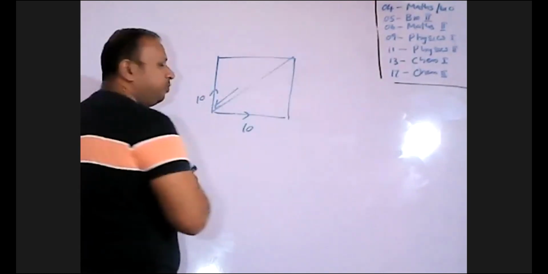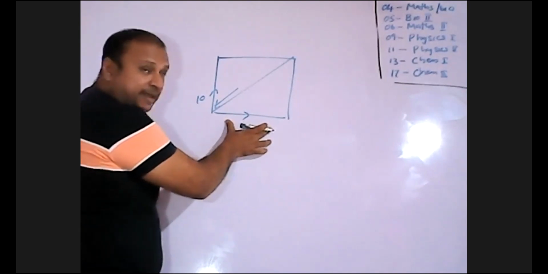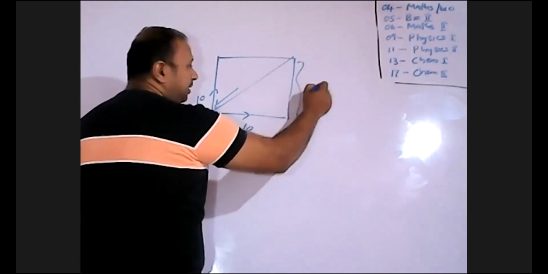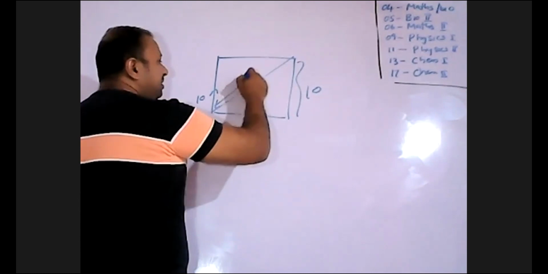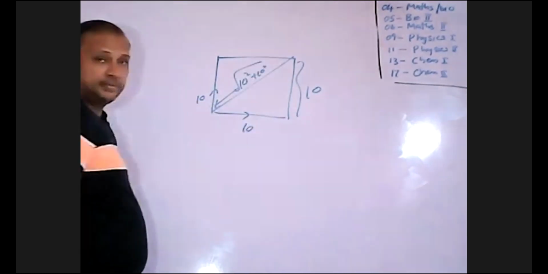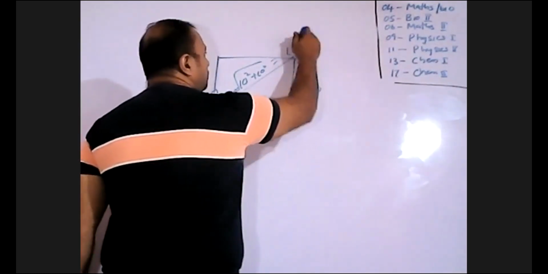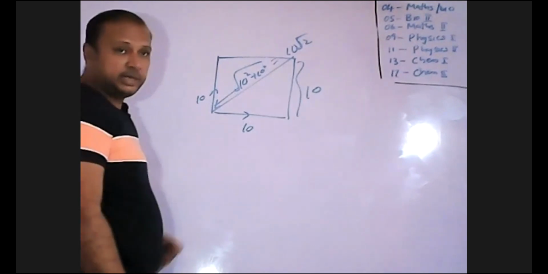And the diagonal should be 10 times root 2, because this side is 10, this side also 10. Then 10 squared plus 10 squared, square root, that means 10 times root 2.